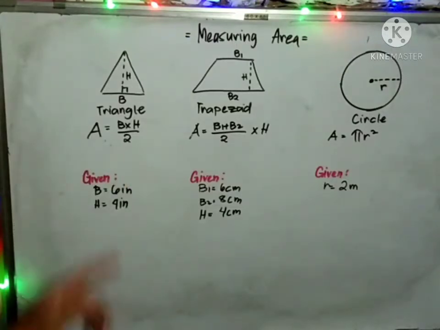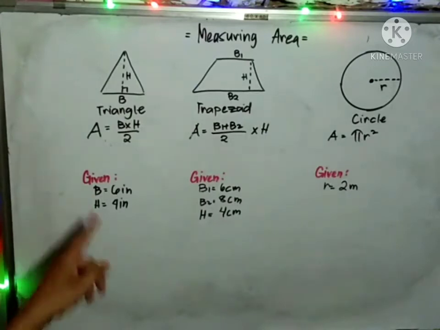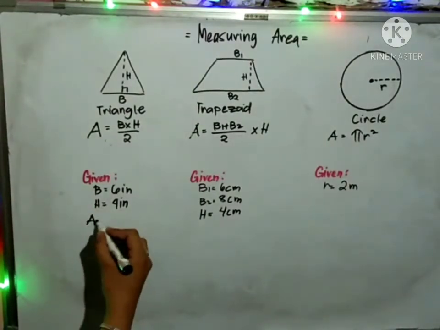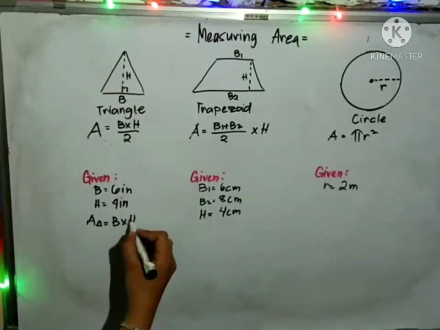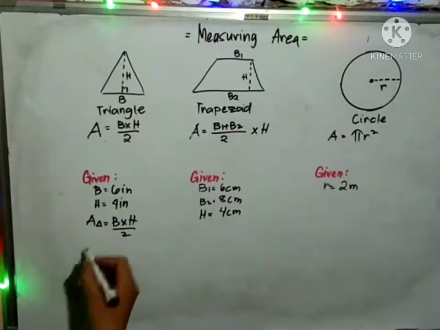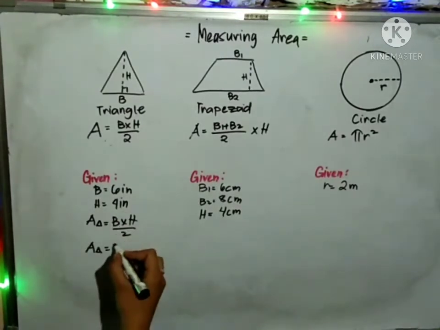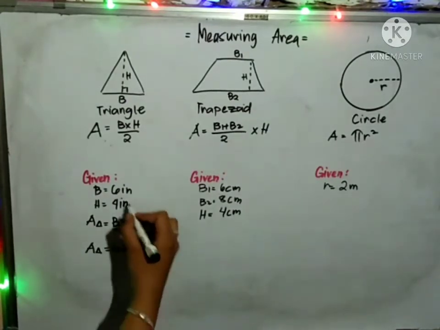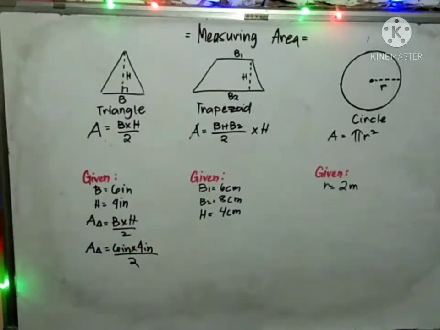We have the formula base times height. So, dito may given tayo. Ang base niya ay 6, ang height niya ay 4. Let us use the formula: area of the triangle is equal to base times height divided by 2. Area of the triangle is equal to, ang value ng base niya ay 6 inches times ang height niya is equal to 4 inches divided by 2.